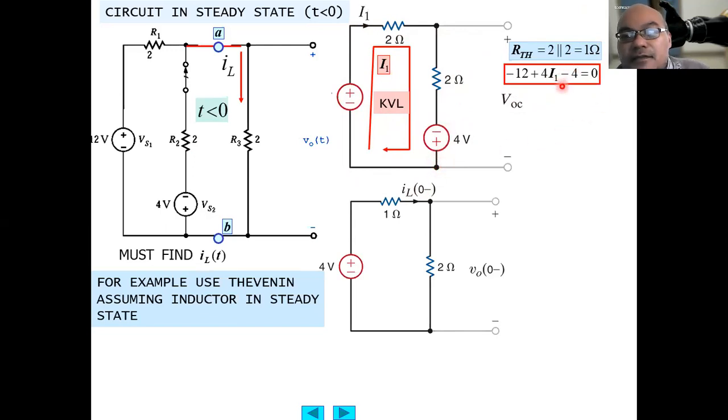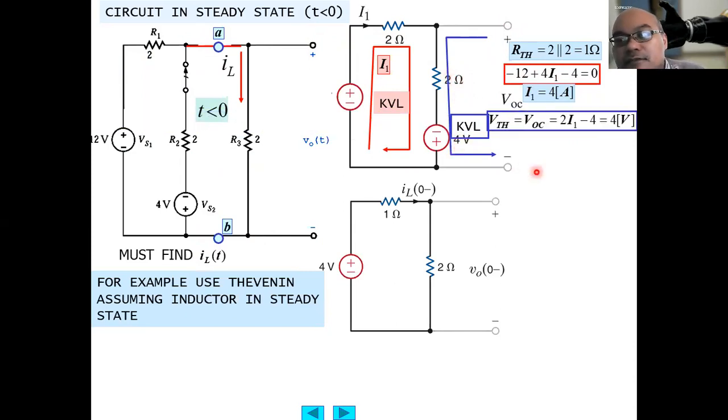We obtain I1 equals 12 plus 4 is 16, so I1 equals 4 ampere. Using Kirchhoff voltage law here, we can obtain V open circuit at node AB. 4 times 2 is 8, 8 minus 4 is 4. So the V Thevenin, or the V open circuit, is 4 volt.